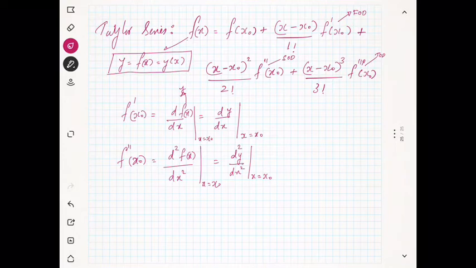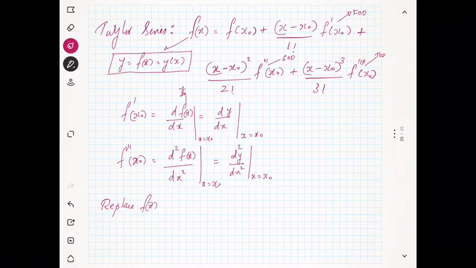Okay, so we can write the Taylor series in another way also. Instead of f of x we will use y. So we are going to replace f of x with y.